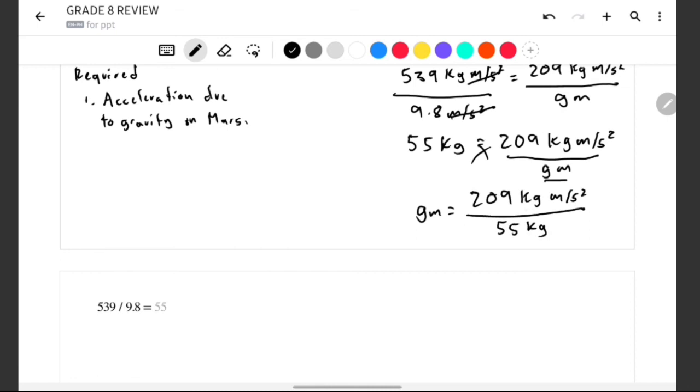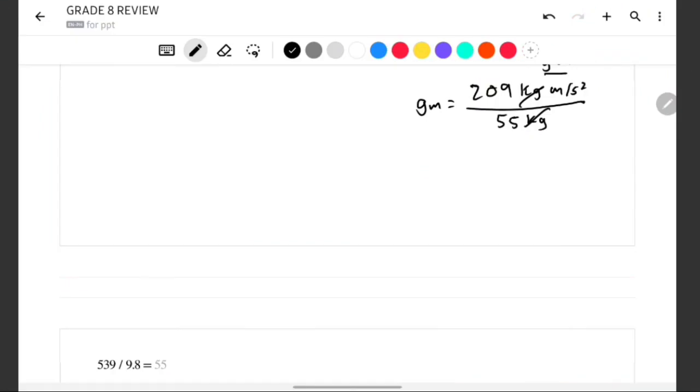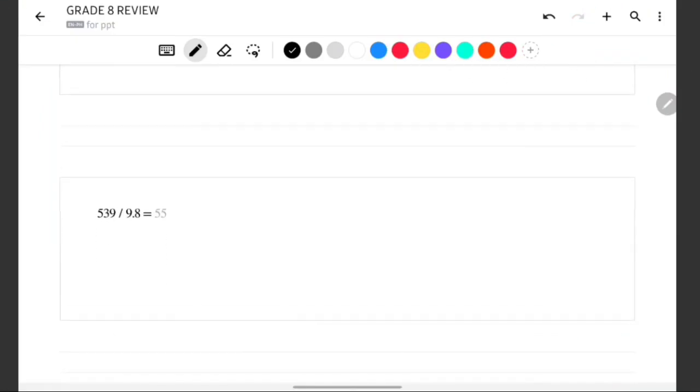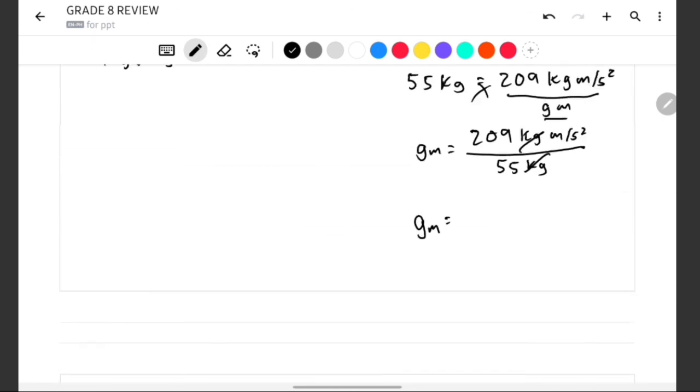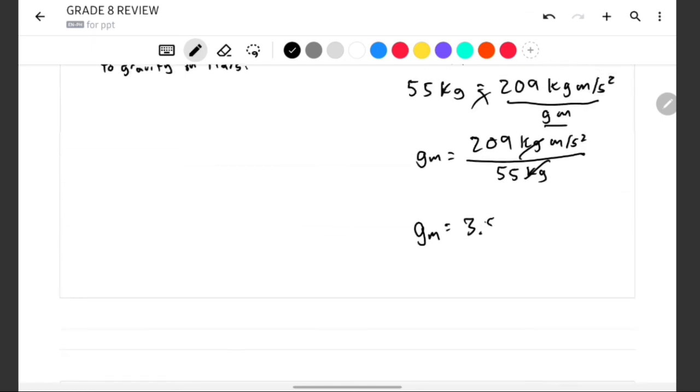So again, kung nakikita nyo, like terms ito, ibig sabihin, magka-cancel siya. So cancel, cancel. So yung acceleration due to gravity on Mars is 209 divided by 55. 209 divided by 55 is equal to 3.8 meters per second square. So, yan na yung acceleration due to gravity on planet Mars.